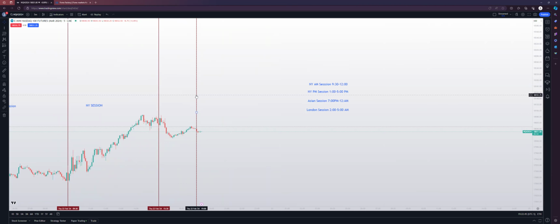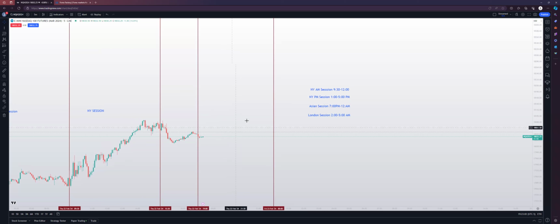So I would be looking to take or place a trade from this line until this line. This zone right here is the opportune time to trade during Asian session.